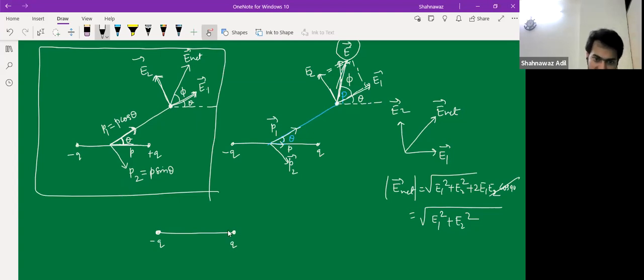If I have this P cos theta, and I am calculating the electric field at this point, what would be the magnitude?